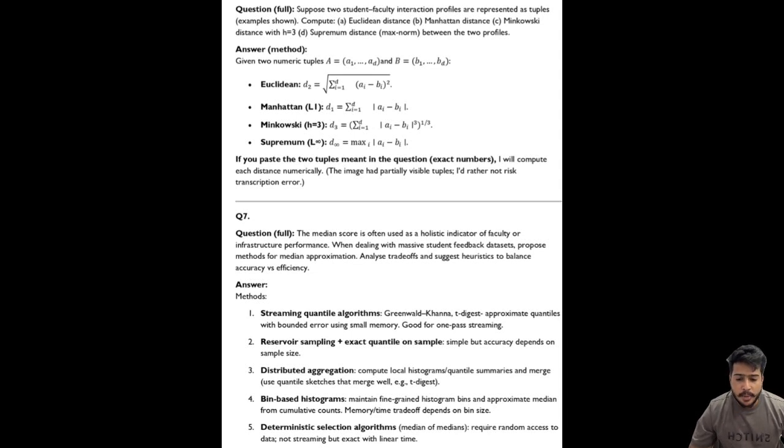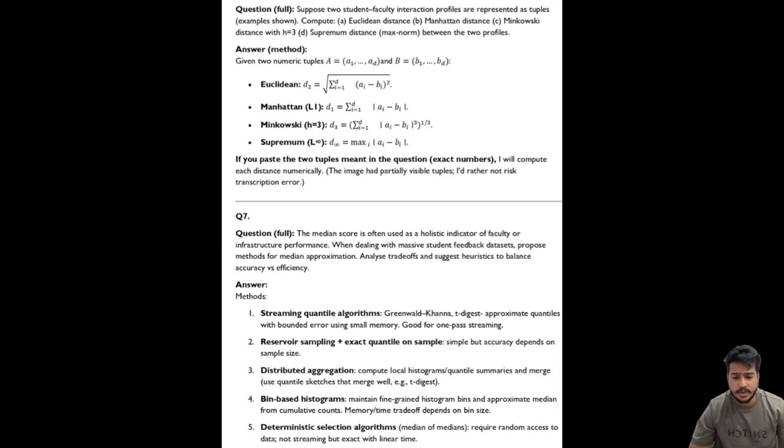Now Minkowski with h equal to 3: again the mod of Ai minus Bi, whole cubed, and then to the power 1/3. Supremum is the max of mod Ai minus Bi.